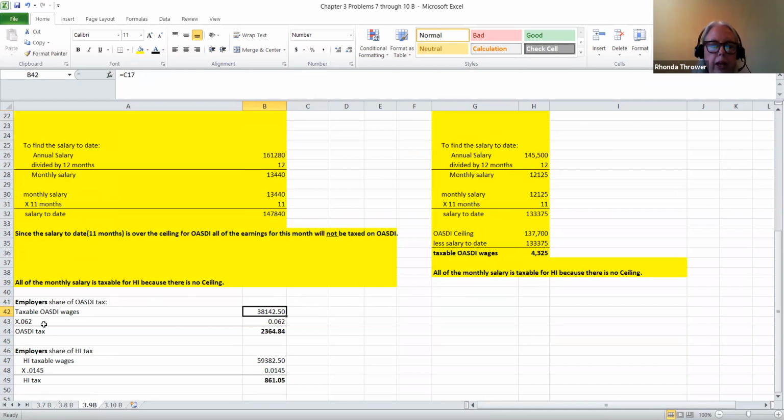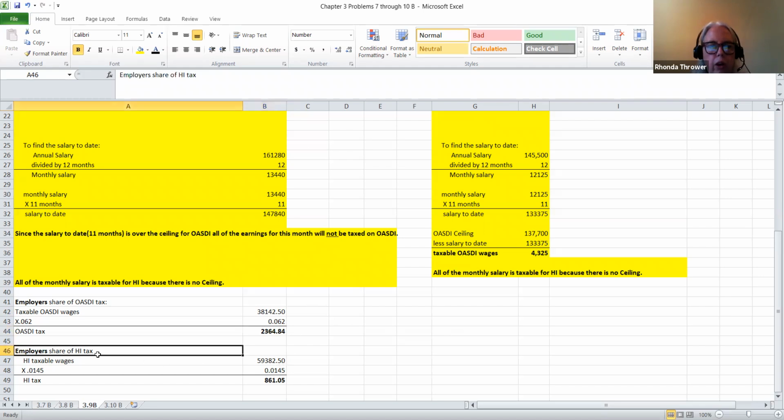I'm going to multiply it by 6.2% because the employer has to match what the employee paid in. Remember, when you're calculating the employer's share, you do it based on the total wages of all the employees multiplied by 6.2%. The amount of the employer's share of OASDI taxes is $2,364.84.